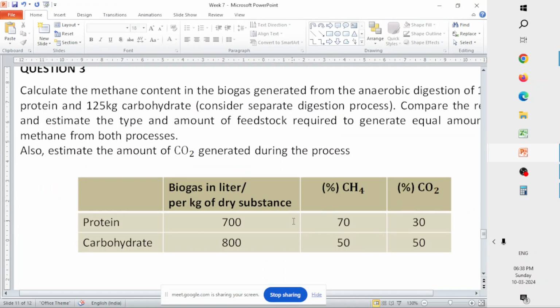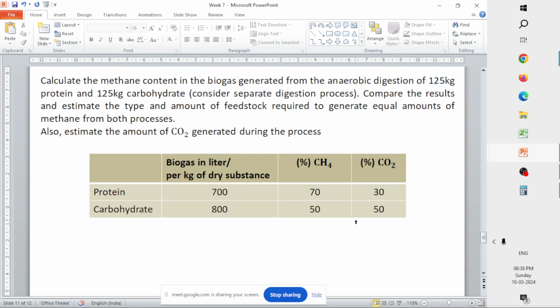So here we have another question. I hope you can see the question completely right now. Here we are asked to calculate the methane content in the biogas generated from the anaerobic digestion process. You are given biomass, but here your biomass is in terms of protein and carbohydrate content. So 125 kg of protein and 125 kg of carbohydrate is undergoing anaerobic digestion and biogas is getting generated.